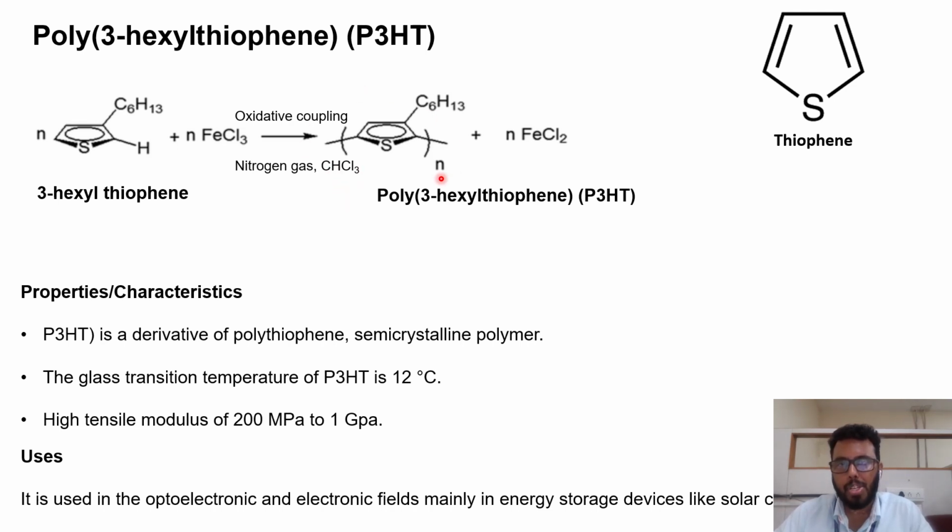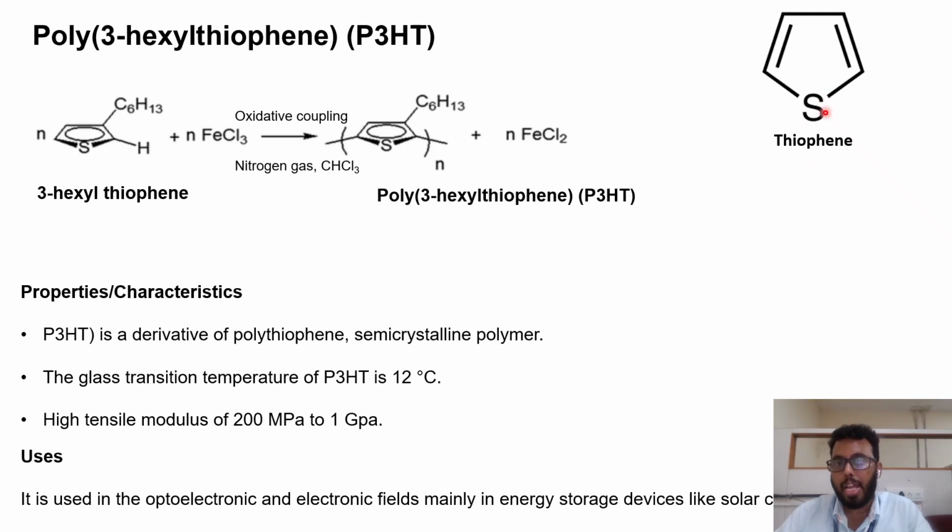As a result the polymerization will happen and you get poly(3-hexylthiophene), with N moles of ferric chloride. If you are taking ferric chloride, N moles of ferrous chloride FeCl2 will be formed as an adduct.